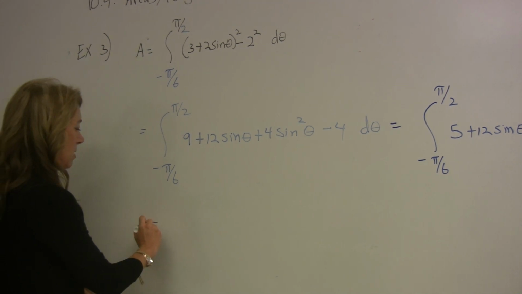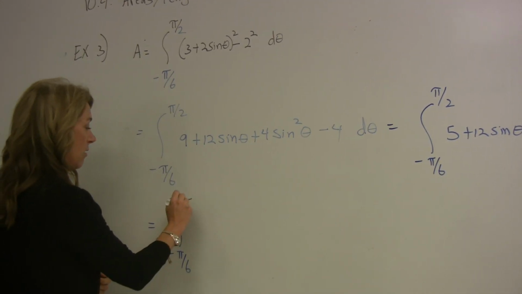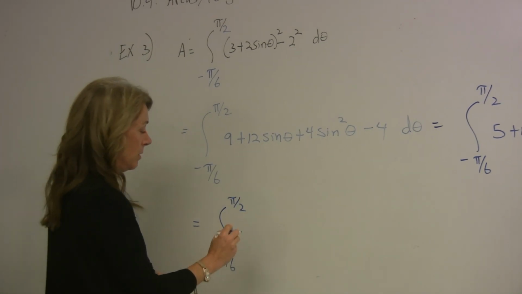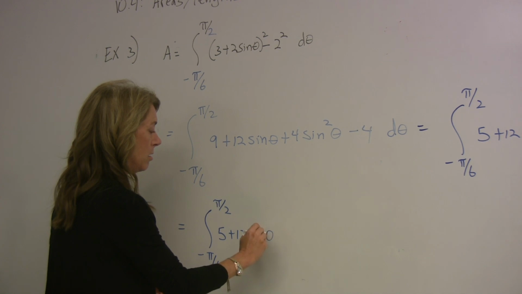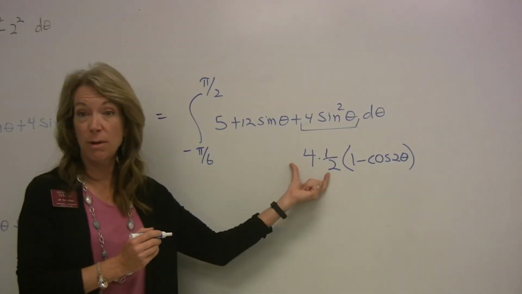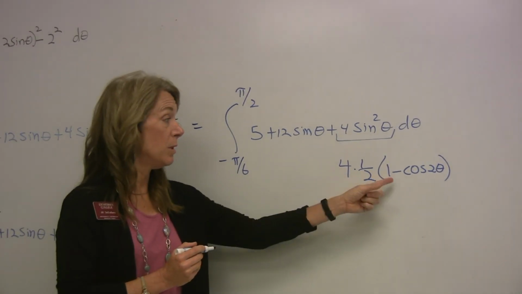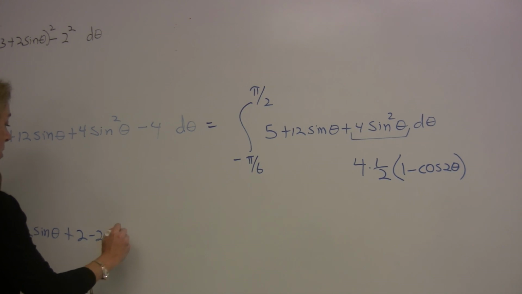So then, from -π/6 to π/2, this will be 5 plus 12 sine theta plus, this is a 2, I'm going to distribute it through there, so it'll be 2 minus 2 cosine 2 theta.